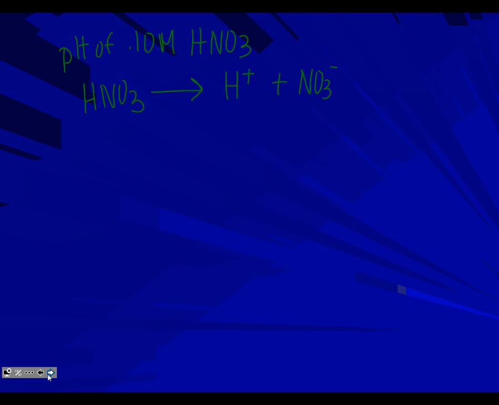Mentioning water, water is still here, and it auto-ionizes into hydrogen and hydroxide. And what we need to decide is which one is the better producer of hydrogen ions. Are we getting more hydrogen ions from our nitric acid, or are we getting more hydrogen ions from our water? And I kind of cramped this a little bit, so let me leave a little space here.